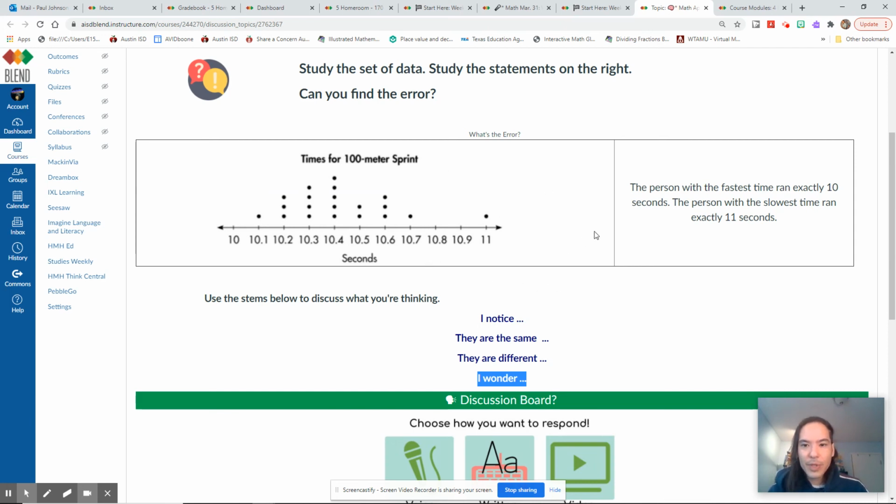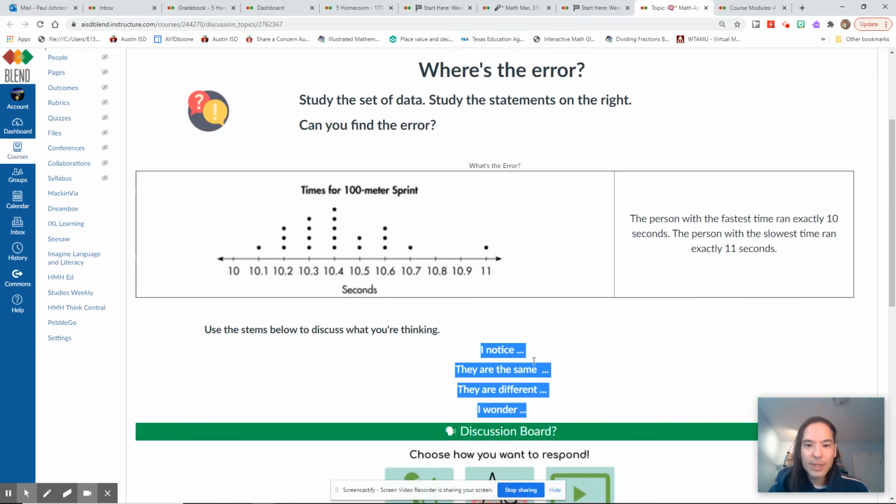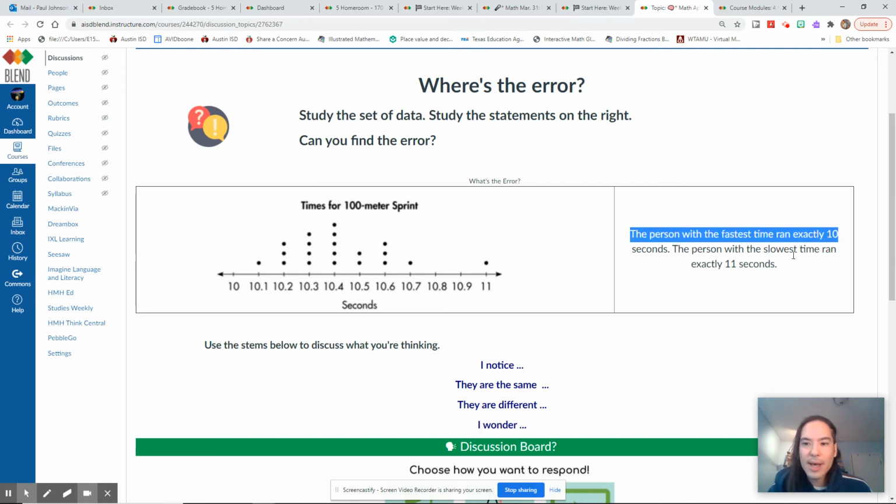All right. So remember, use all four stems to receive full credit. And we just went over the stems. And you could even say, on the wonder, you could fix it. You could say, I wonder if they forgot to put one dot above 10 seconds so it matches the words. See, that's really thinking ahead.